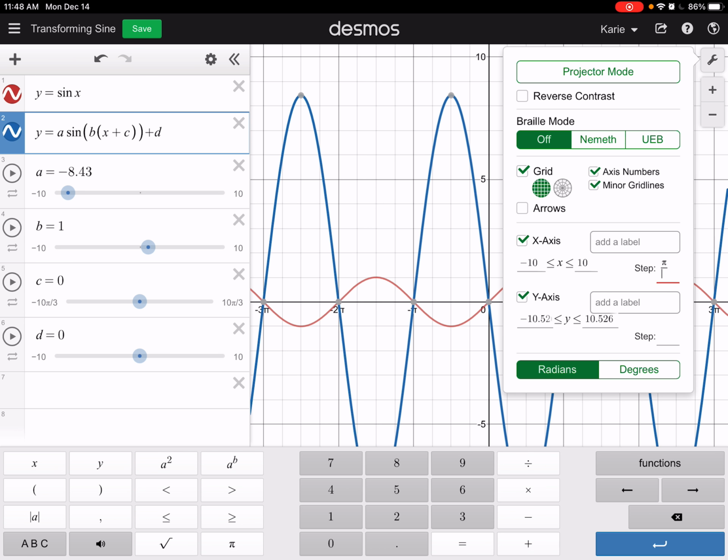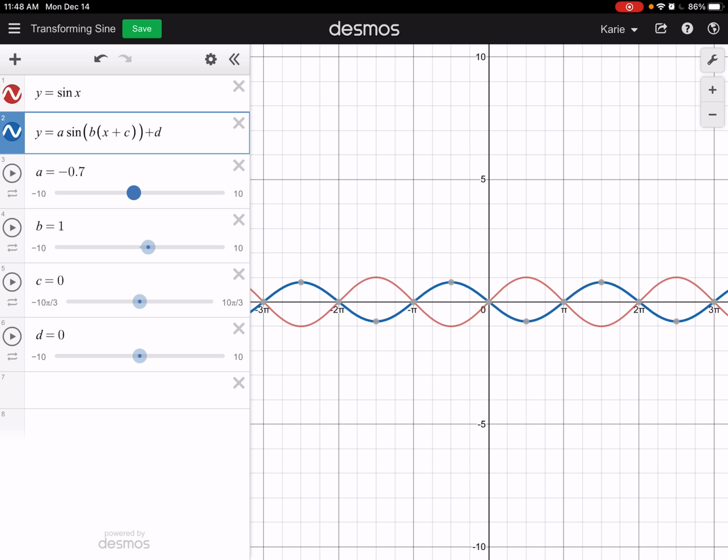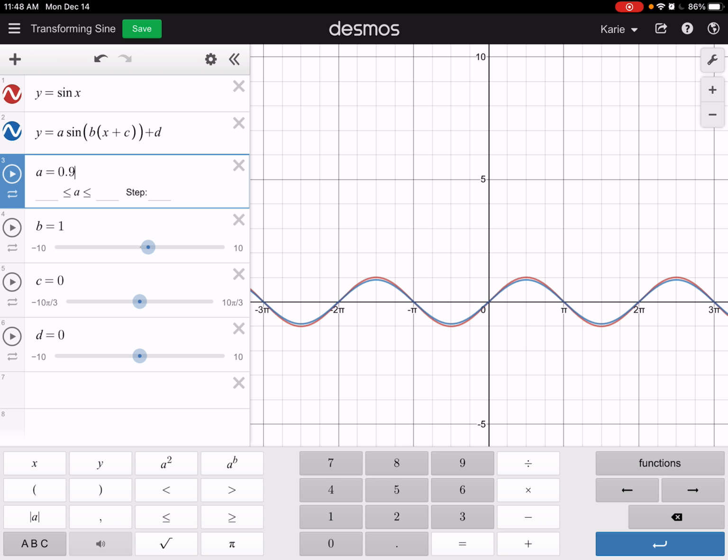Okay, so instead of it going up between 0 and pi right through there, it's going down. So there was a reflection and a stretch. Okay, so let's come back to where this is equal to 1.